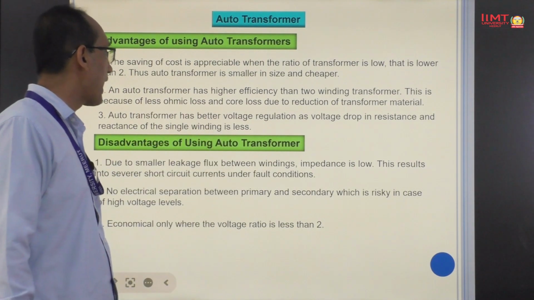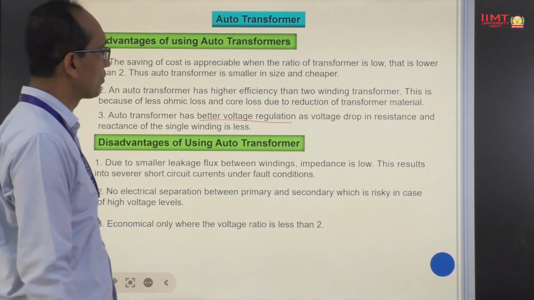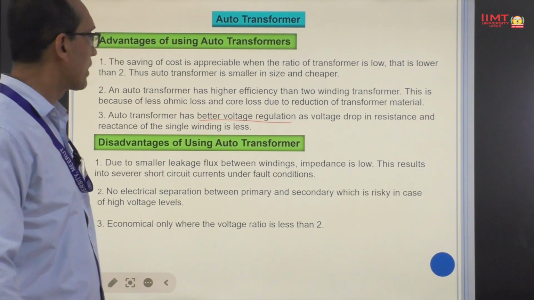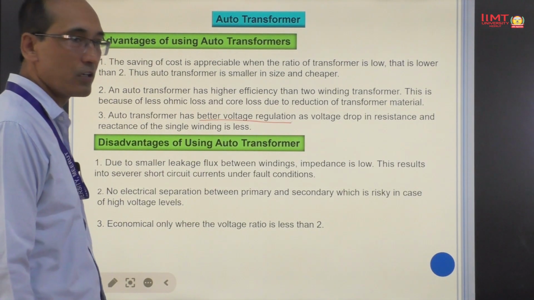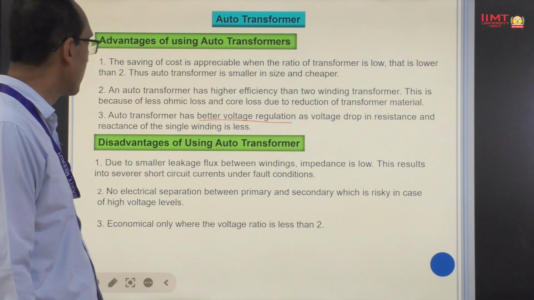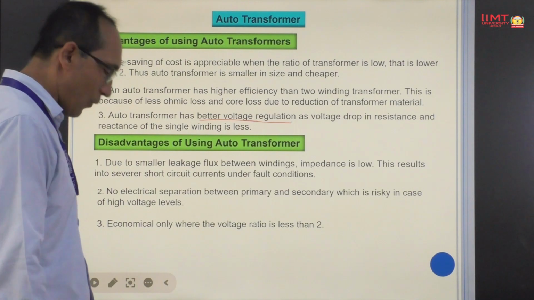The auto transformer also has better voltage regulation as compared to a two winding transformer, as the voltage drop in resistance and reactance of a single winding is less as compared to a two winding transformer.